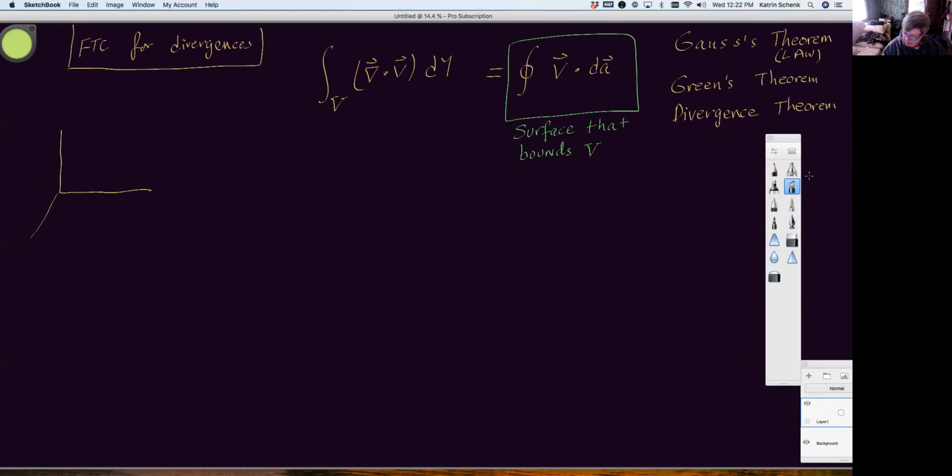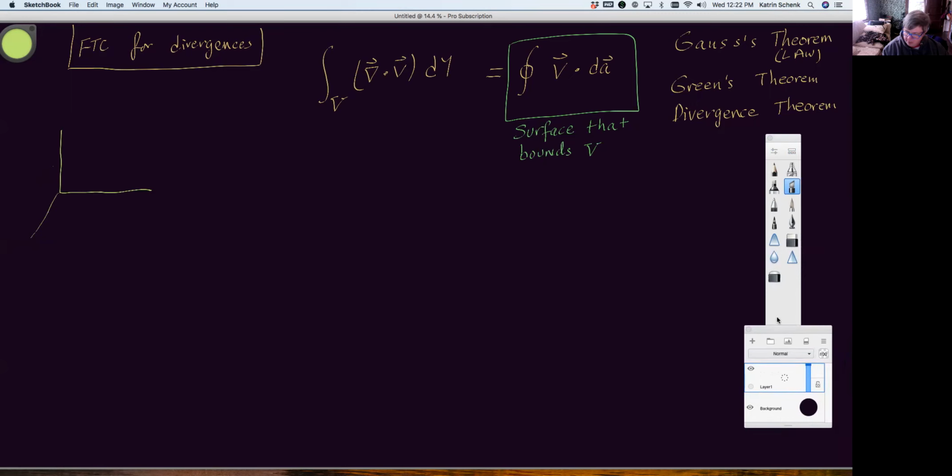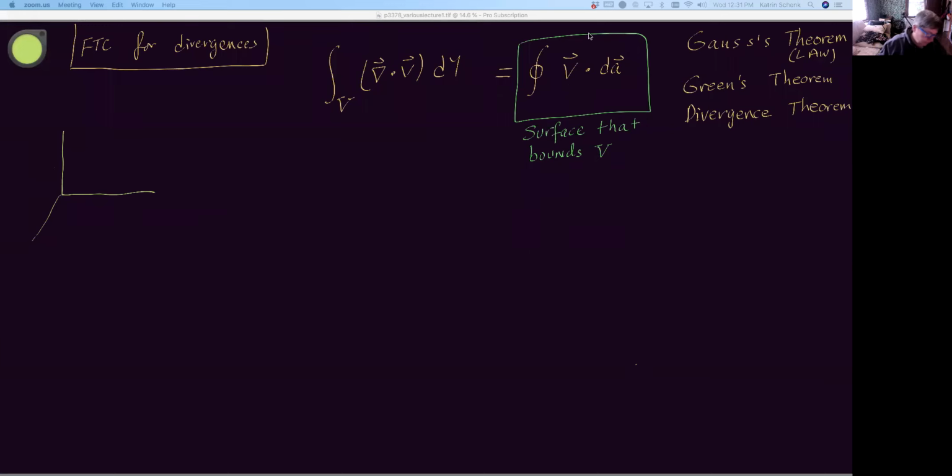Give me one second, I am going to try to find where my pen thickness is coming up. Doesn't seem to be working. I think I'll pause and just come back because I can't deal with this pen. Okay, well, something's wrong with my drawing program. I can't change the pens. Anyway, okay, let's get back.